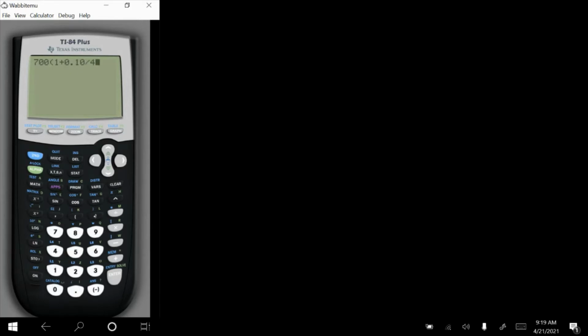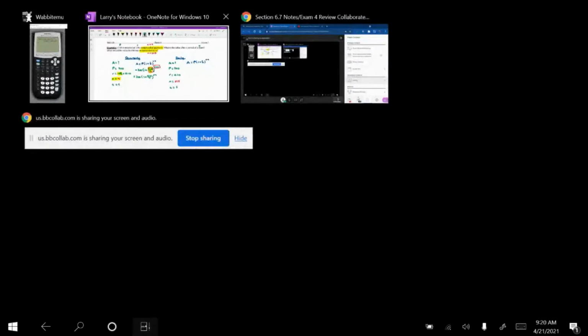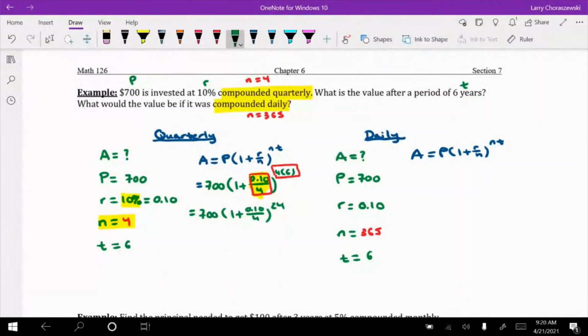Be sure to close off the parentheses, otherwise your calculator thinks that your exponent is going on that fraction. And the power, type in 24. And we're looking at $1,266.11. Are you guys coming up with the same value? All right, cool. So we'll round to the nearest penny.